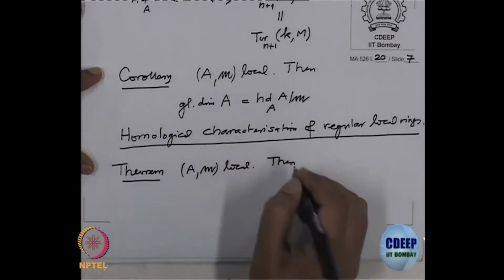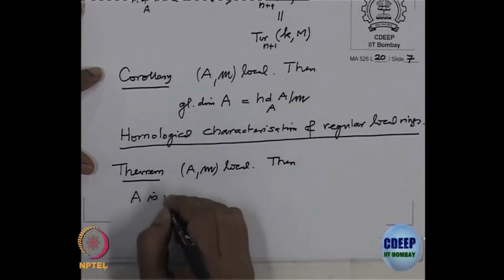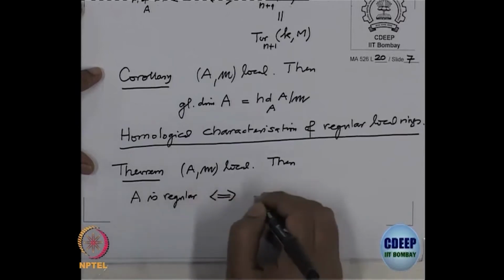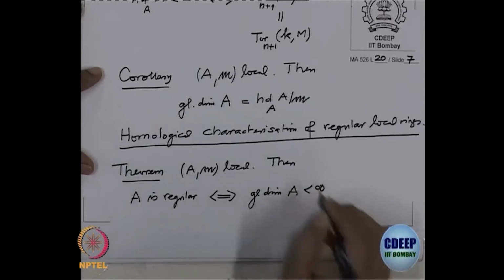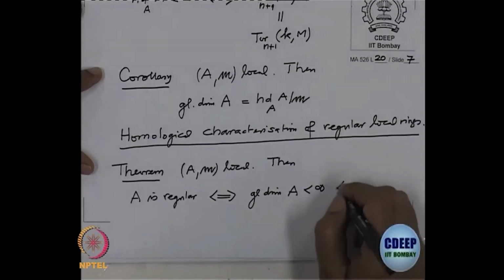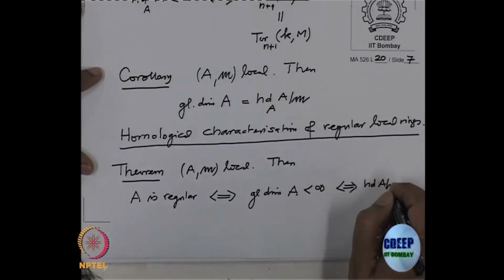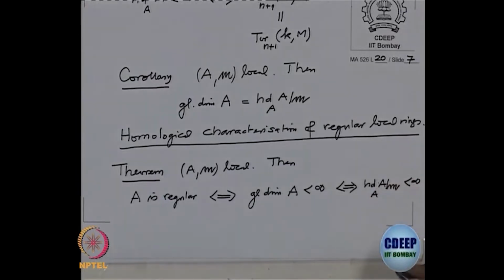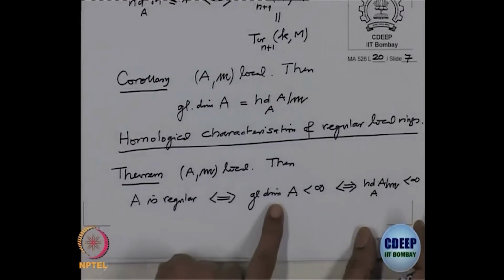Then A is regular if and only if the global dimension of A is finite, or equivalently, if and only if the homological dimension of the residue field as a module is finite. That means A/M has a finite projective resolution. After we prove this, we will worry about whether it is a crude dimension or not.